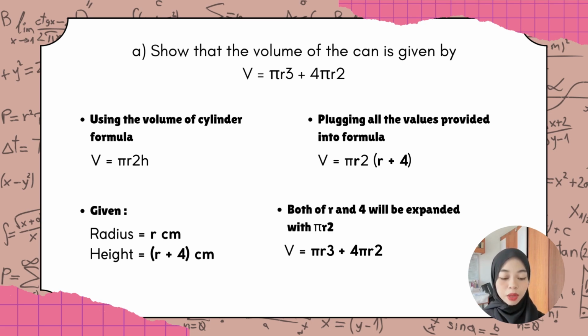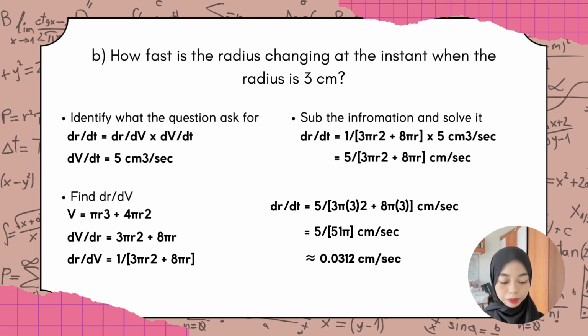V equal to pi r2, we insert the radius r, we insert the h, which is r plus 4. Then both r and 4 will be expanded with pi r2. So the second step is B, which is how fast is the radius changing at the instant when the radius is 3 cm.